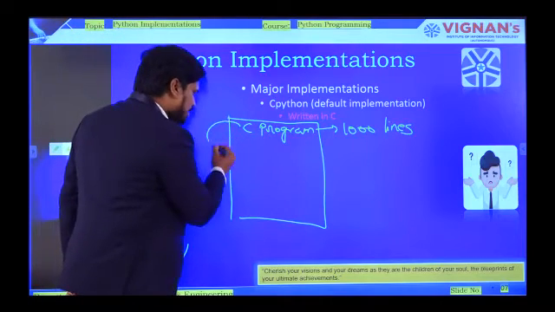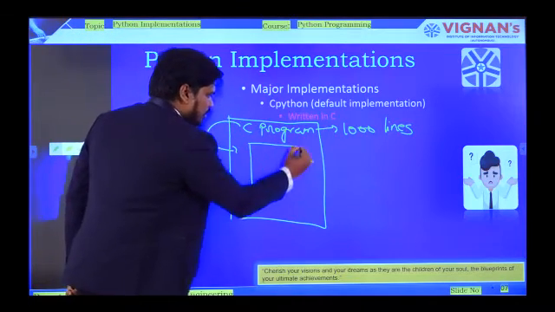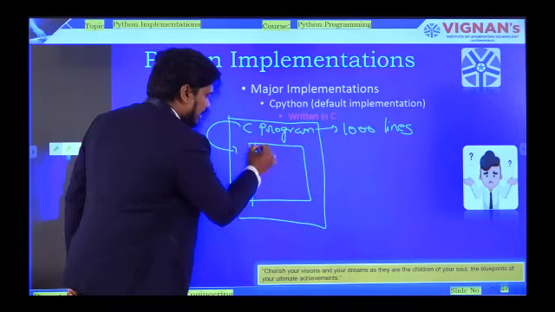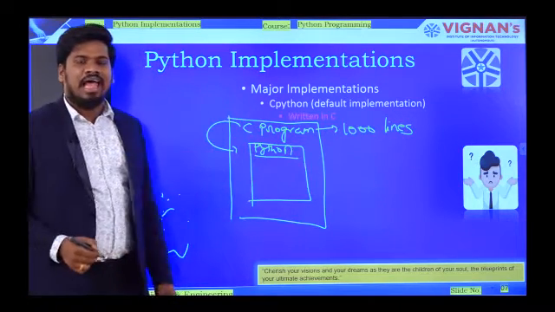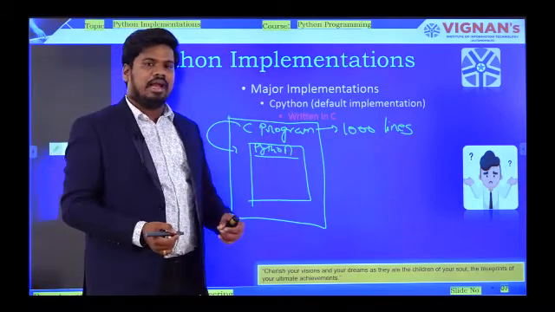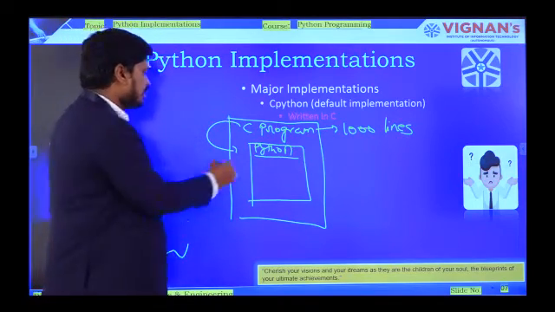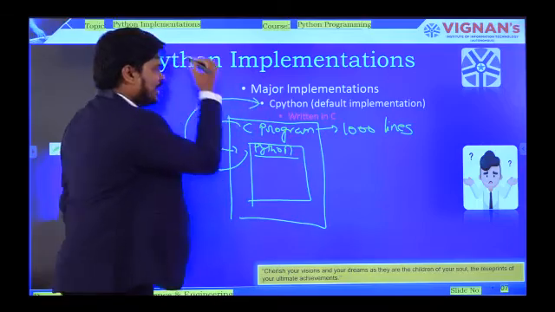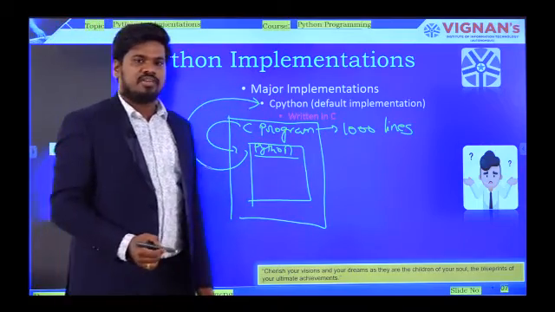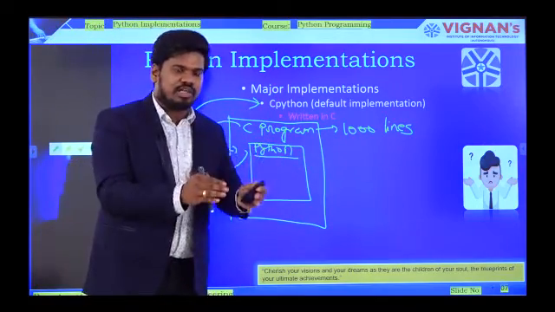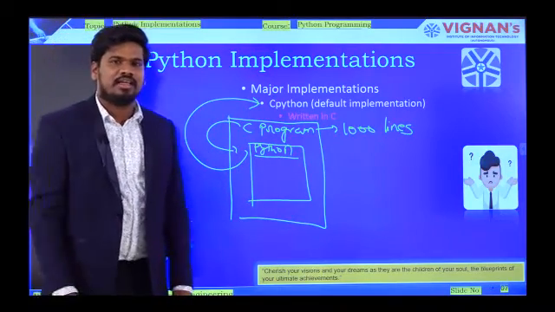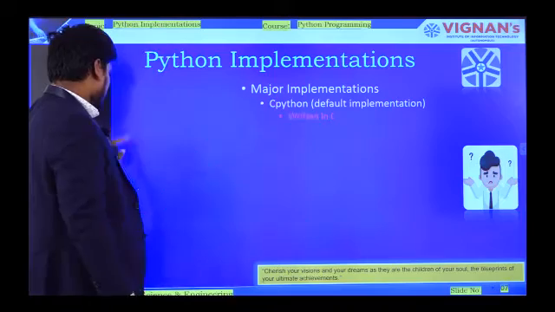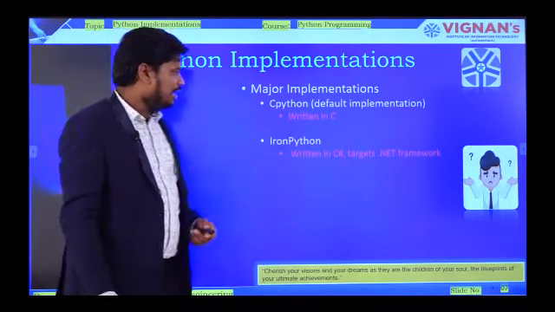If I want to execute that in Python, I can happily execute it. And this type of flavor and implementation is known as CPython. Remember that one. I can execute the C program in Python, and that implementation is known as CPython.